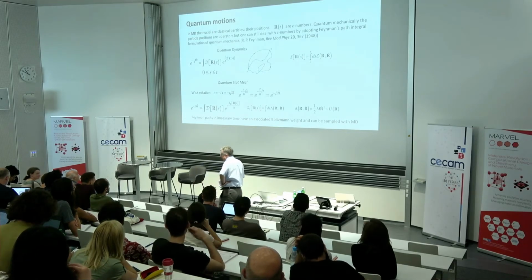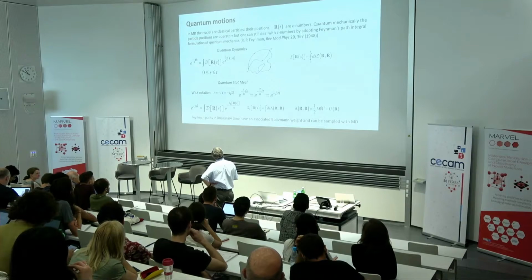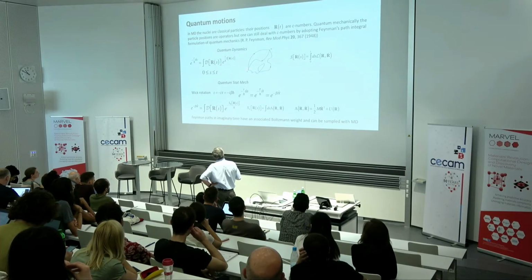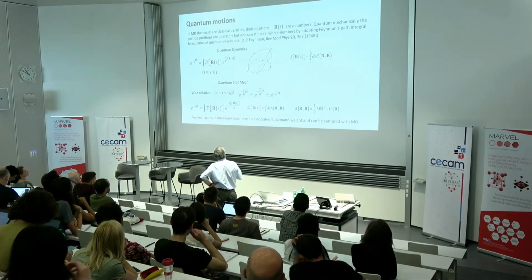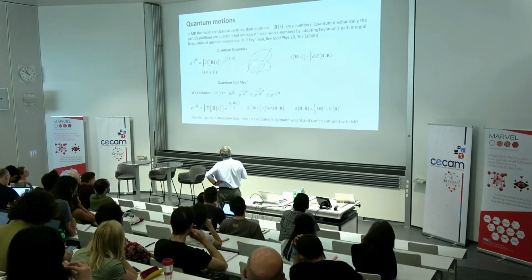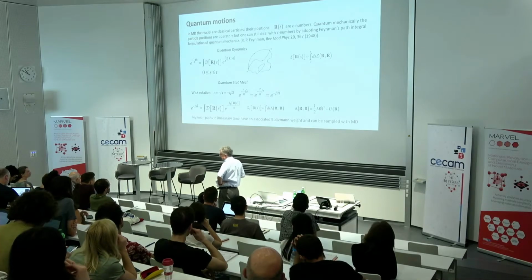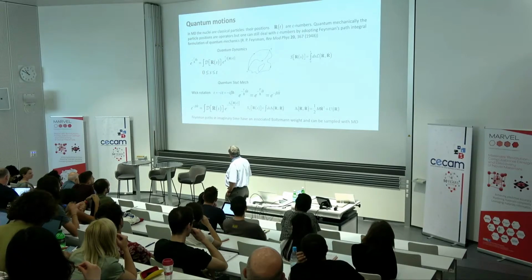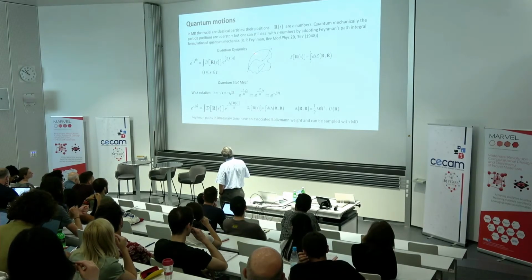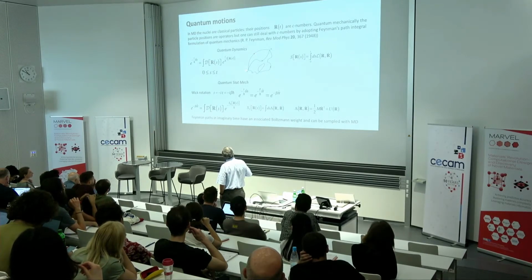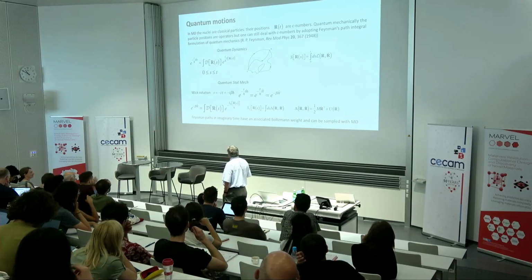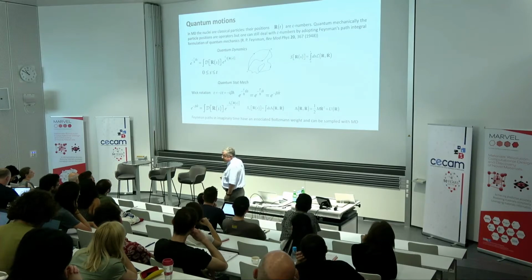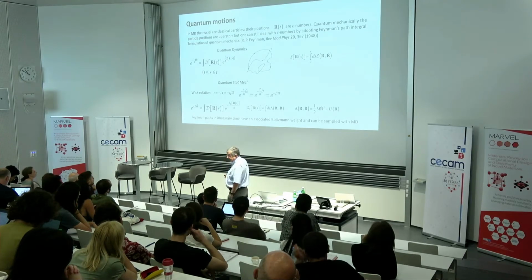the time propagator in quantum mechanics as an integral over the path, where each path, so in classical mechanics, if I want to go from A to B, there is just one unique path that the system will follow, and this is the path that minimizes the action. Instead, in quantum mechanics, we have an infinity of paths, and each one of these paths has a weight that is given by this exponential of the action.